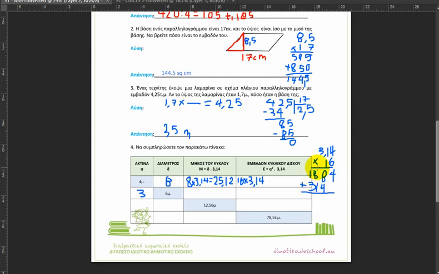Wait, can I erase these afterwards? Okay.